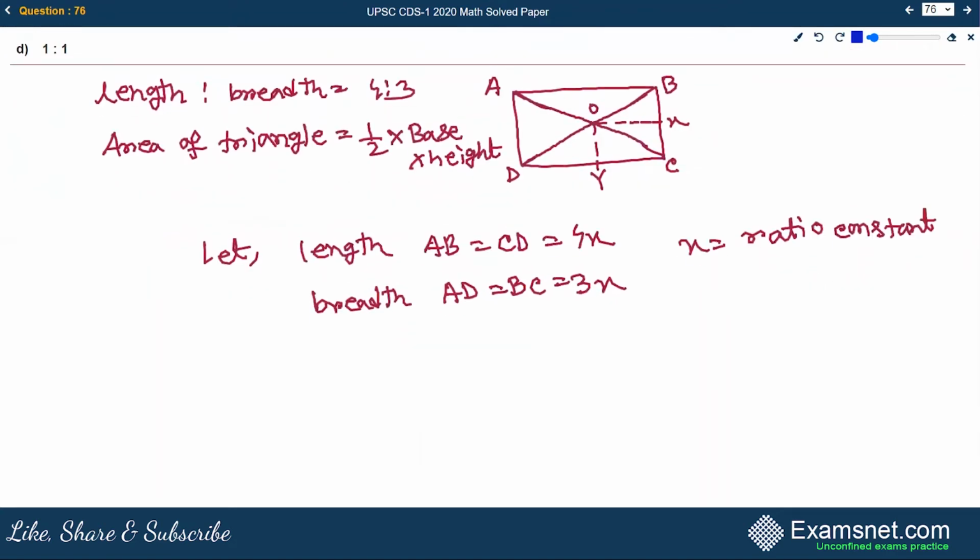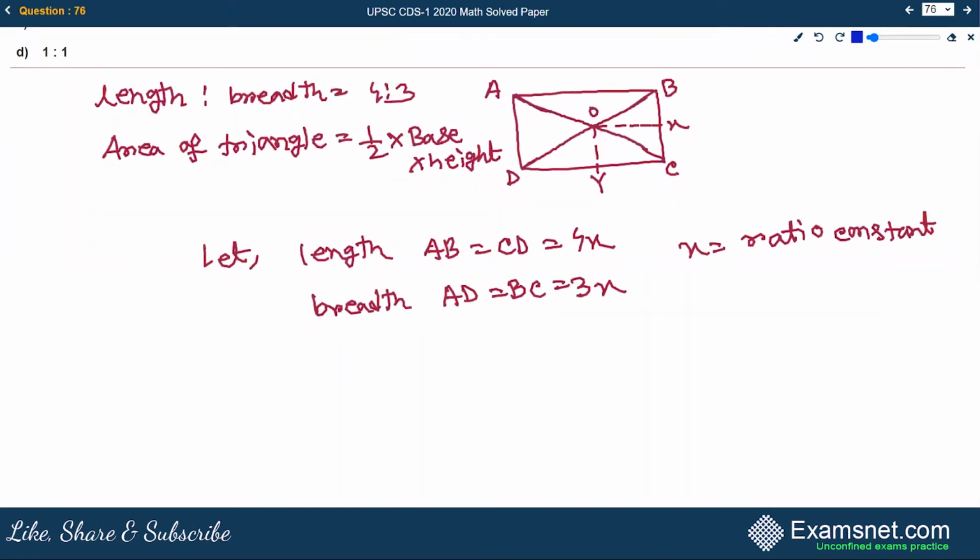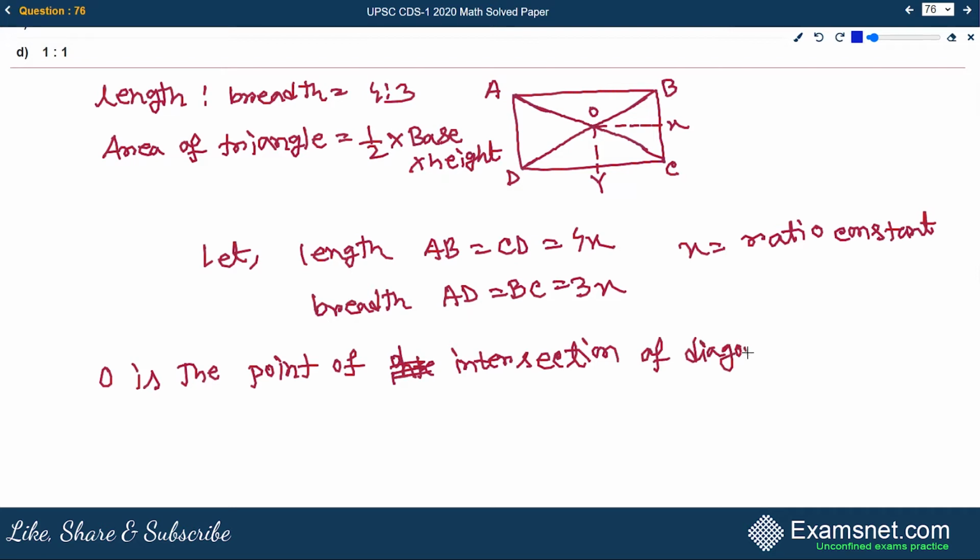X is the ratio constant, correct? Now, since O is the point of intersection of the diagonals and the center of the rectangle, correct?